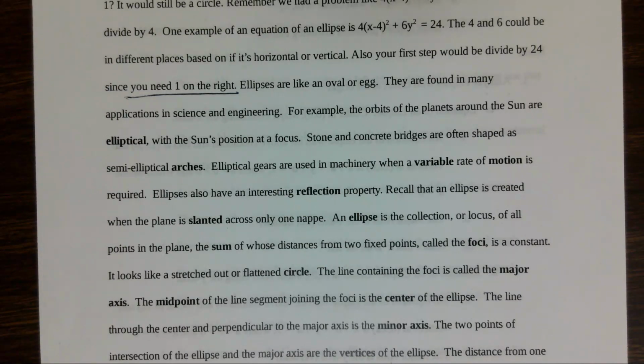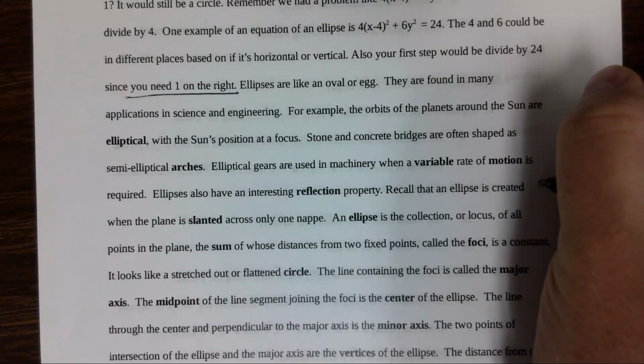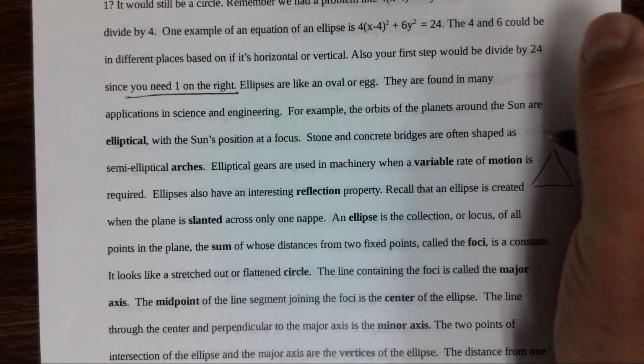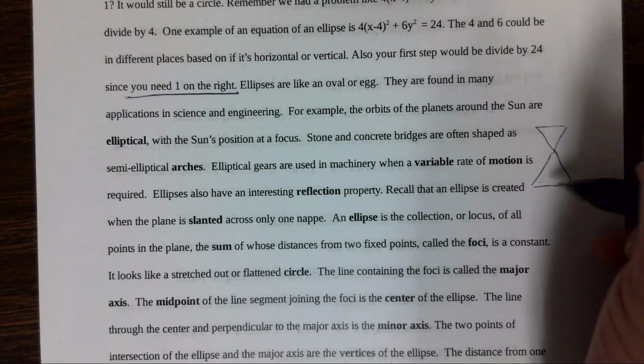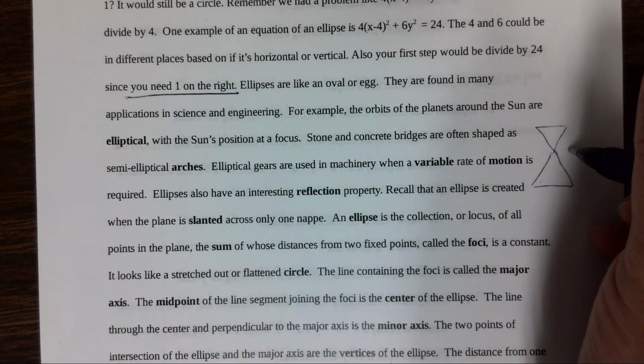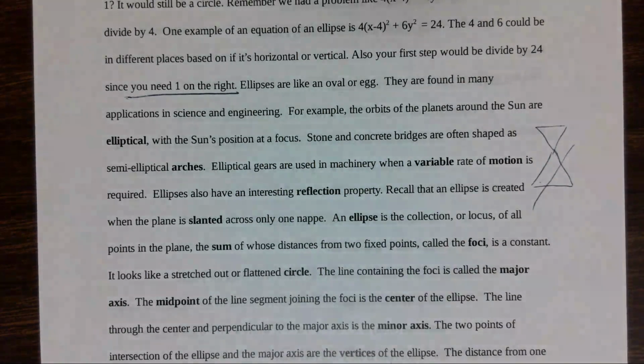Recall that an ellipse is created when the plane is slanted across only one nappe. So remember, if you had a cone and then another one, and if it were cut this way, it would be parallel to that one. And your definition was the collection or locus of all the points whose sum of distances from two fixed points called the foci is constant.